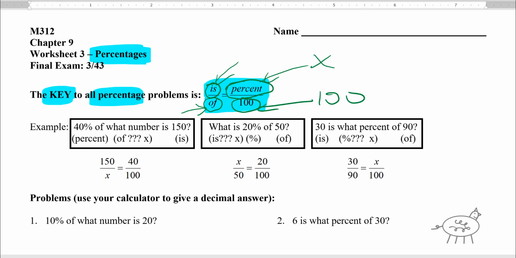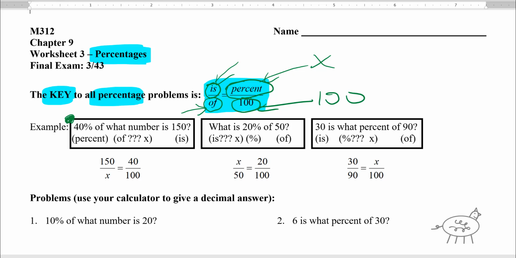All right, so I'm going to show you the examples that I have here, and then we're going to do a couple of these together, and then hopefully you're going to be good to go. There are three statements because you're either going to find the is or the percent or the of. So the first example right here: 40%.